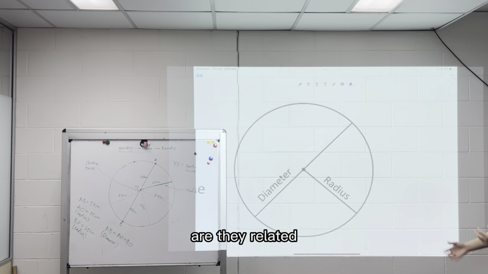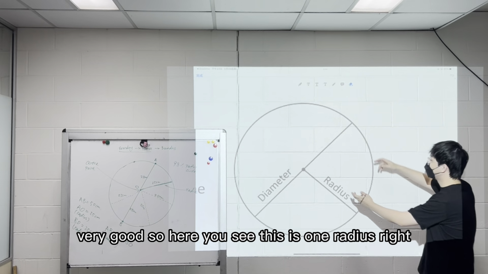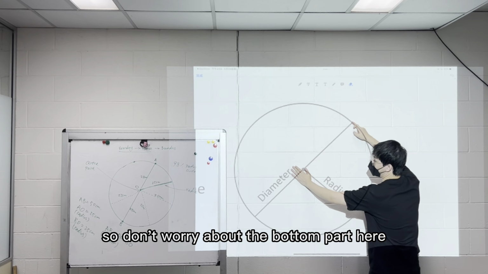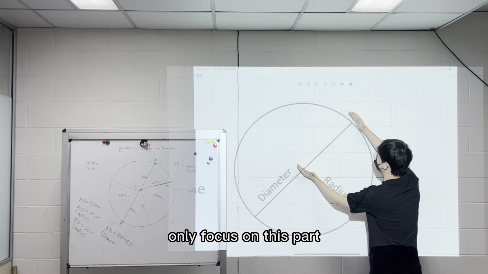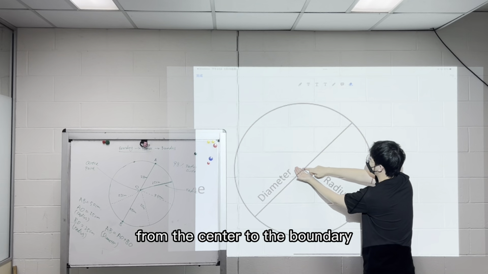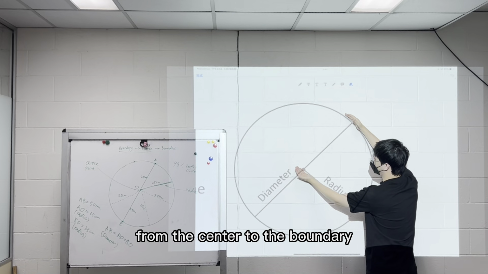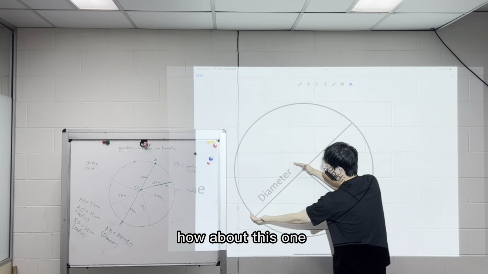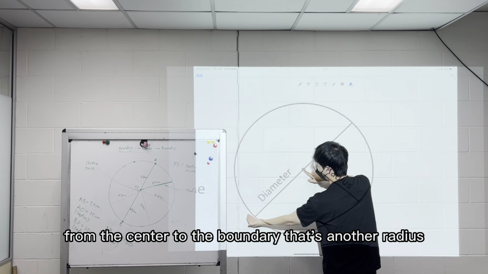Are they related? 2 radii equal a diameter. Very good. So can you see, this is 1 radius, right? Only focus on this part. From the center to the boundary, that's 1 radius. How about this one? From the center to the boundary, that's another radius.